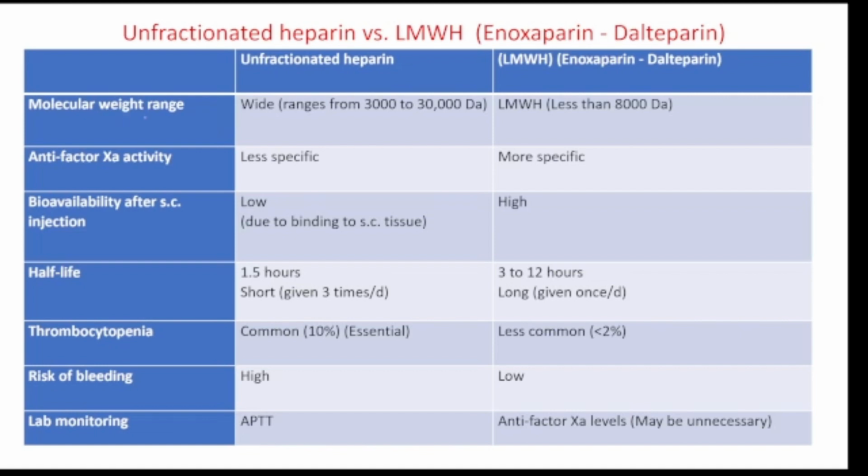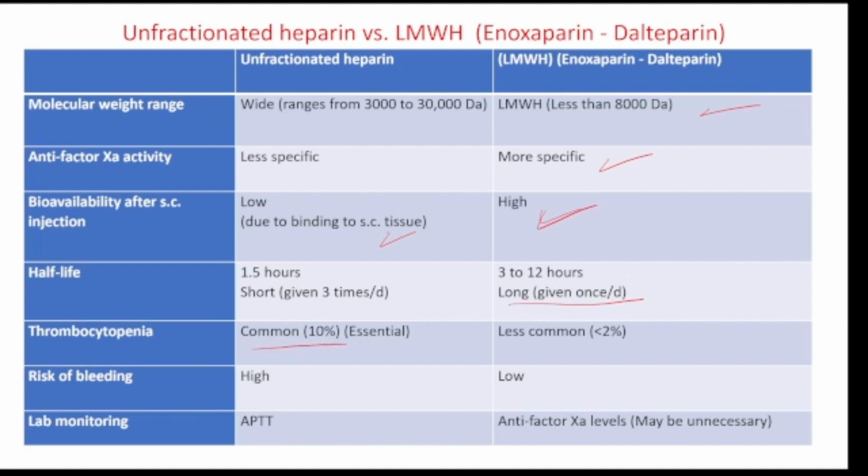Low molecular weight range, we discussed that. Specific for factors, more specific for factor 10. Molecular weight, high molecular weight, low molecular weight. Bioavailability, high bioavailability, low bioavailability. Half-life, 1.5 hours, 3 to 12 hours long half-life.